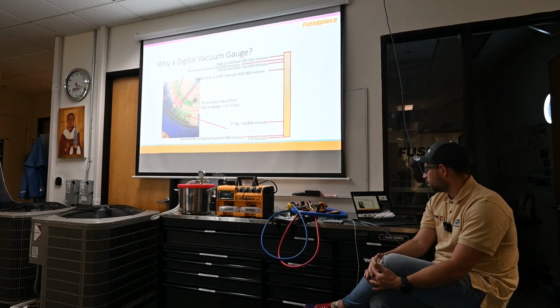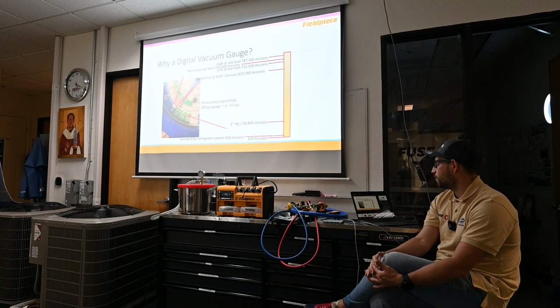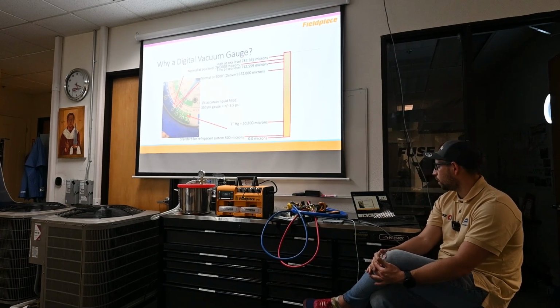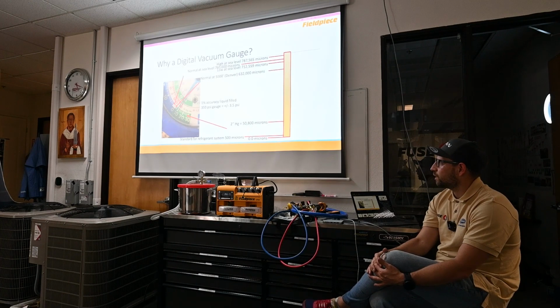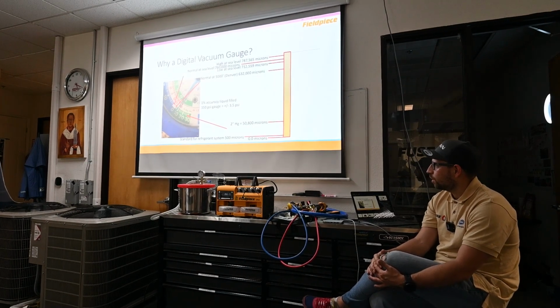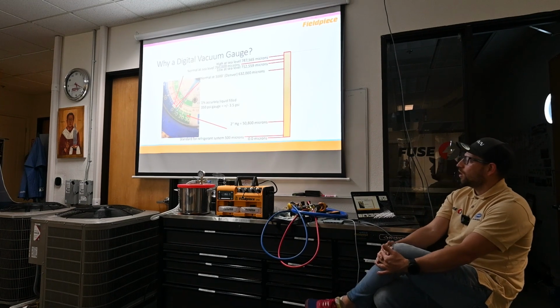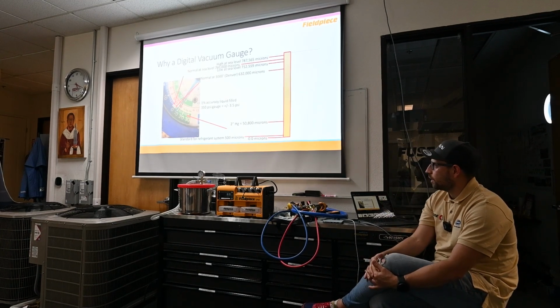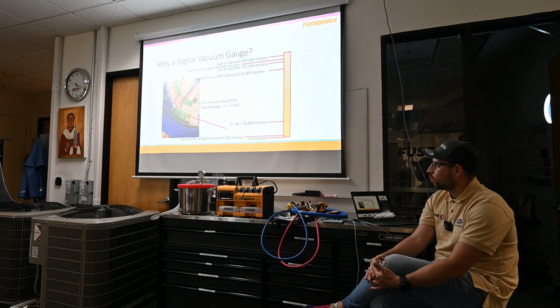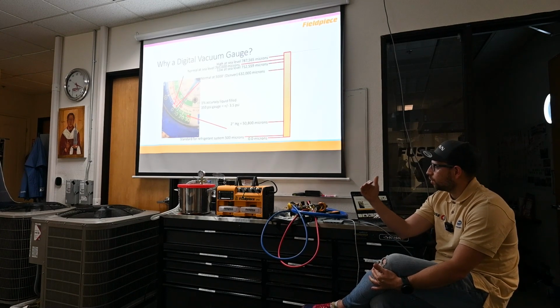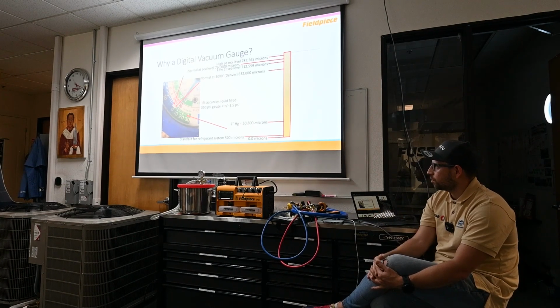It's maximum negative, it's 50,000, almost 51,000 microns. But when we start vacuum, the standard for refrigerant systems is 500 microns. On old school gauges, you cannot see when your vacuum pump drops pressure to 500 microns.